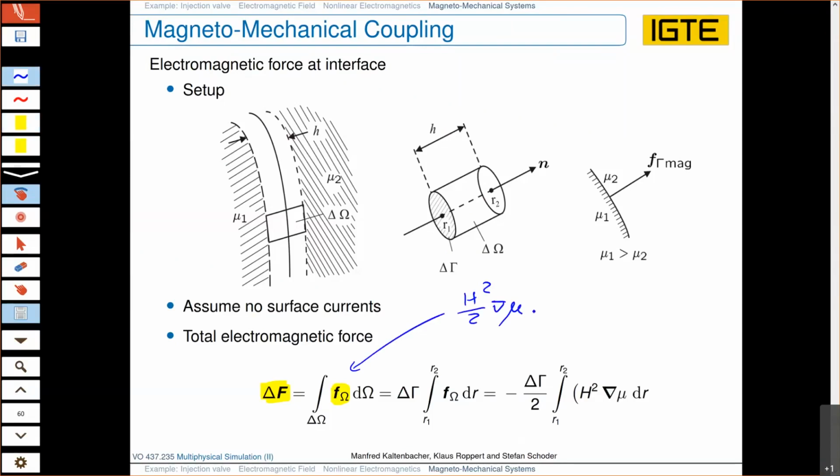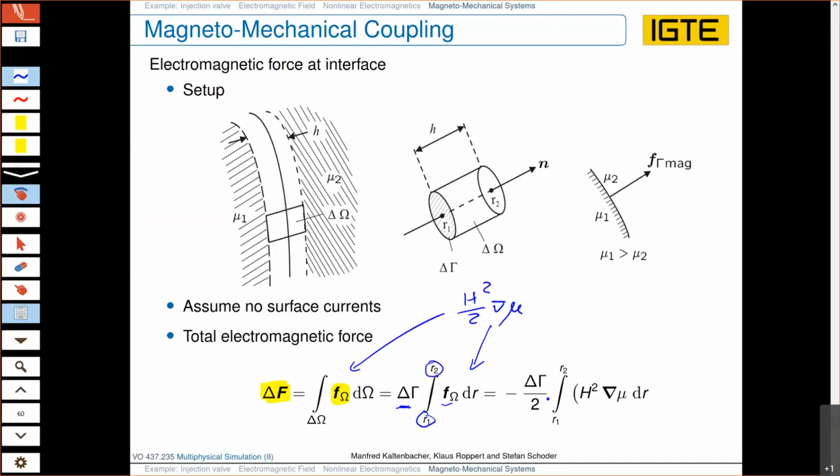Now, since we assume that over the cross section delta gamma nothing changes, we just have to integrate from R1 to R2, so over the height of the cylinder, our volume force. And here we now plug in this relation and see that we have to integrate here.